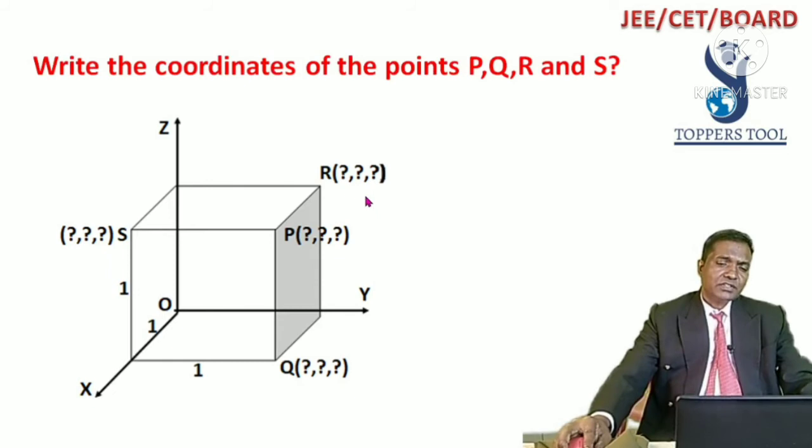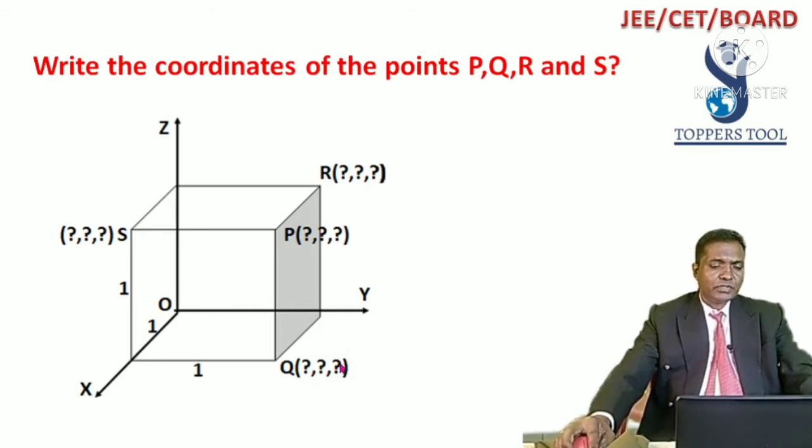Next, what are the coordinates of the point Q? Now Q is on the XY plane. So what are its coordinates? As I mentioned, if any point is on the XY plane, its z coordinate is 0.